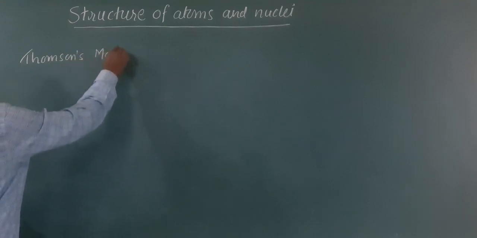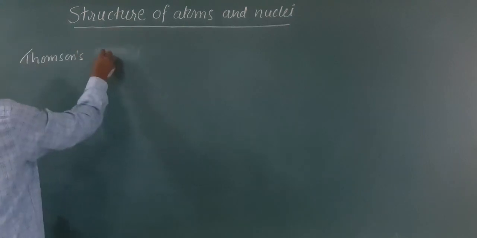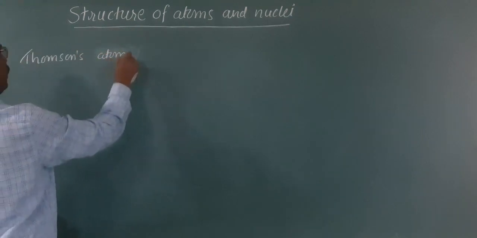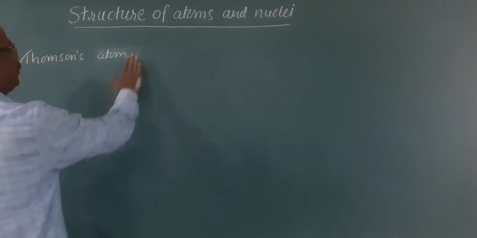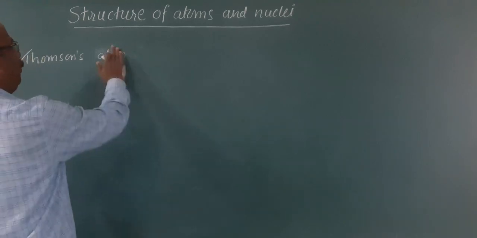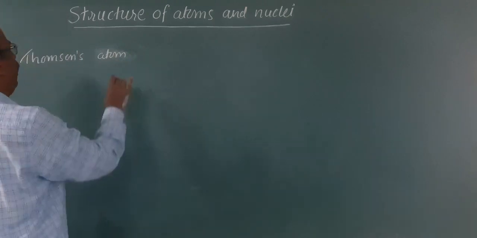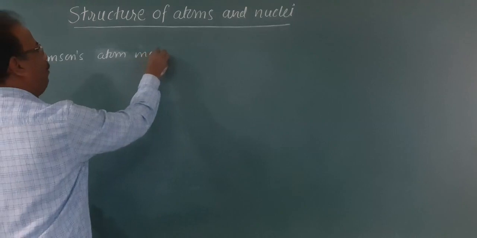The very first attempt to explain about the structure of atom was made by Thomson. He put forward a model about the structure of atom called Thomson's atom model.